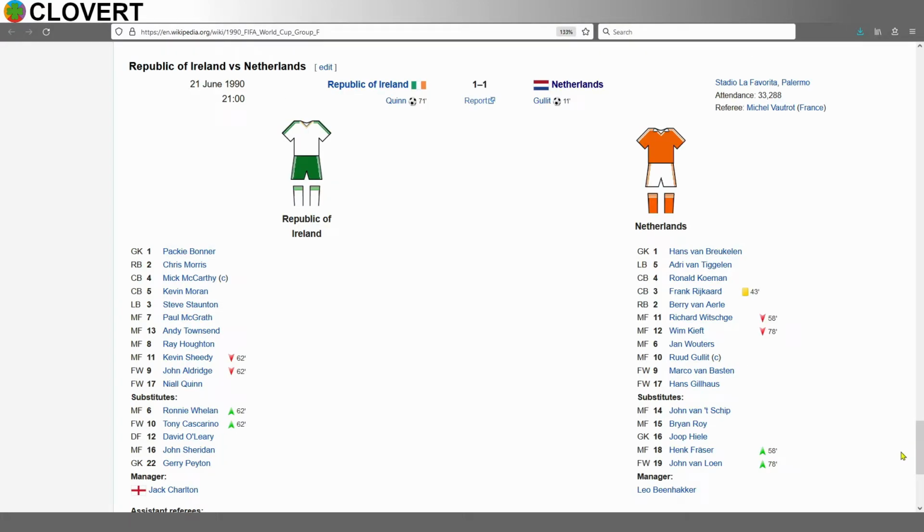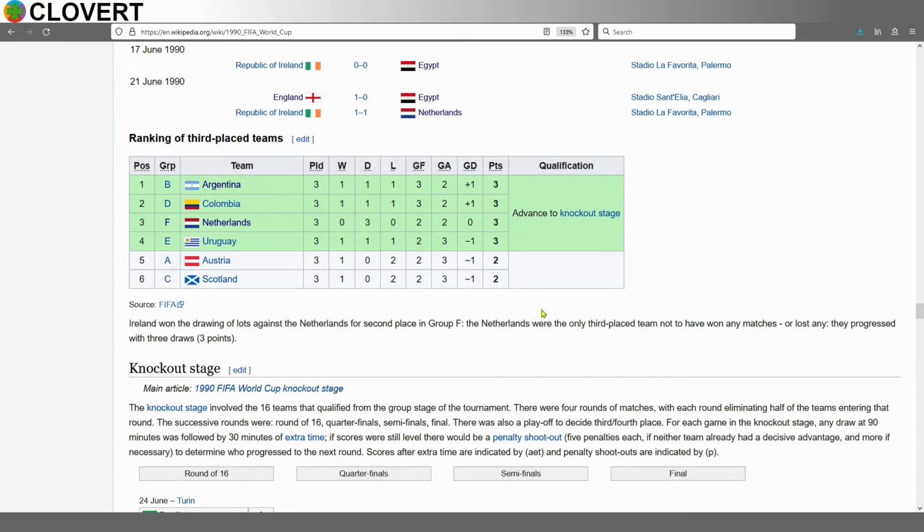So what would have happened if Ireland and the Netherlands didn't collude and one of these teams actually went on to win the game? So let's just say if Ireland won this game 2-1, what would have happened? Would the Netherlands have been knocked out? Well, let's see. If we look at the third place teams, it would have meant that the Netherlands, instead of having 3 points here, would be down to 2 points, and they would in fact have an identical record to Austria and Scotland.